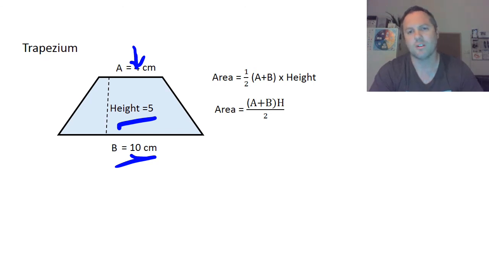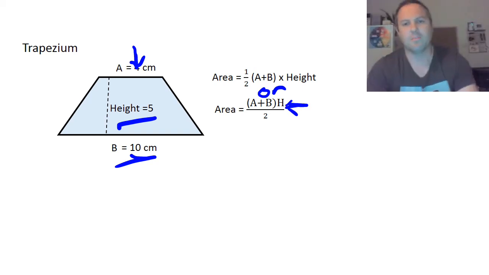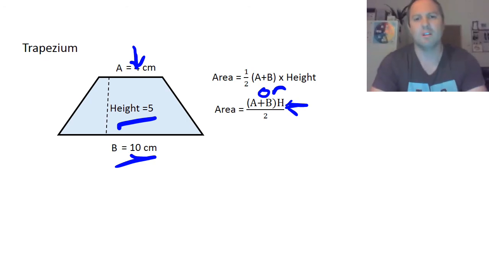Well, you can choose one. Okay, so we've got half times (A plus B) times height. We can also do this one here, where it says (A plus B) times height divided by 2. This one here is what I prefer to use. So we're going to jump onto this one and use this rule here.